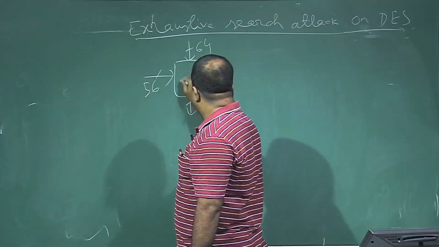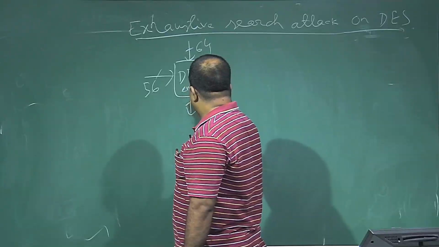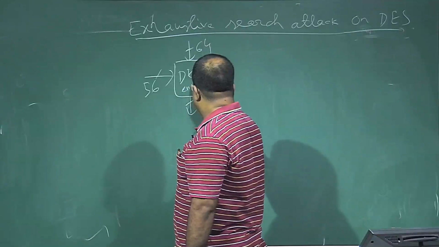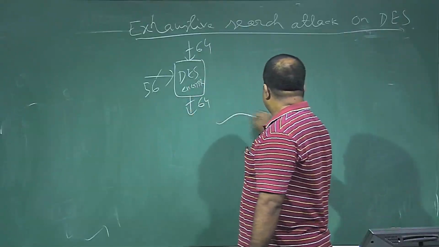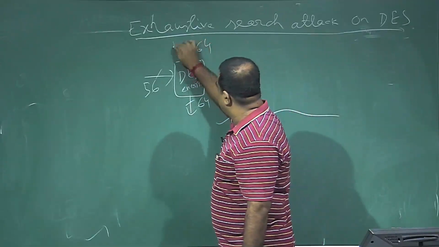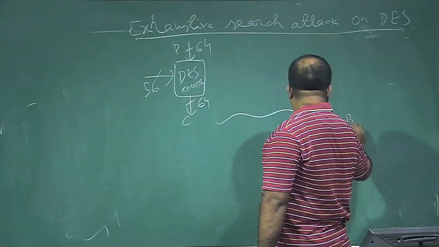This is the encryption of DES. Alice encrypts using this, this is P and this is C, and Alice sends it to Bob.